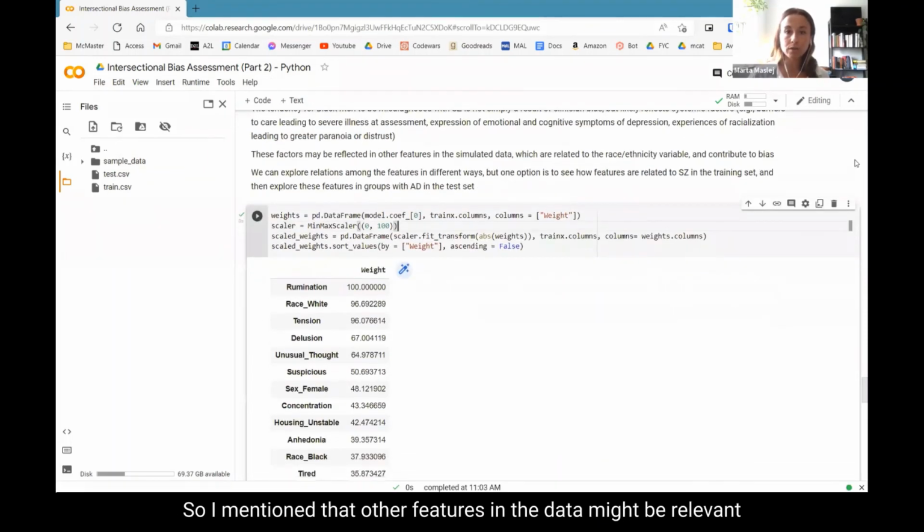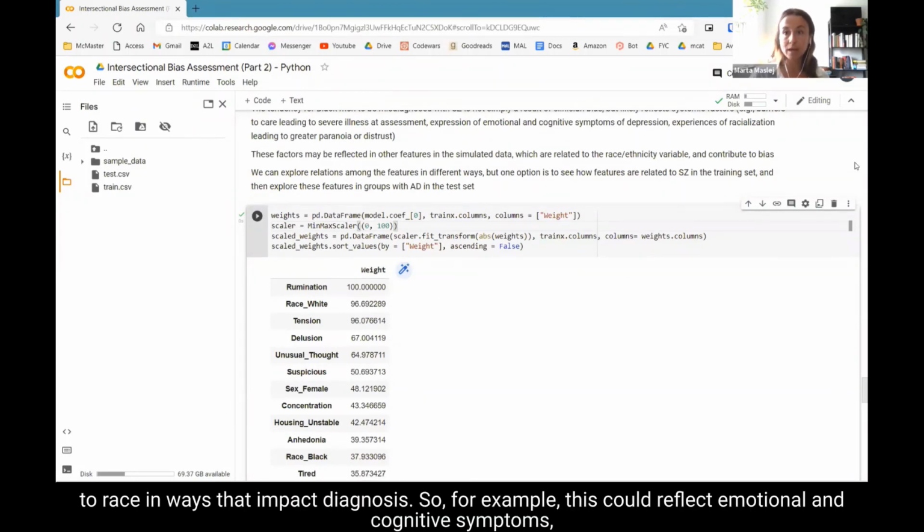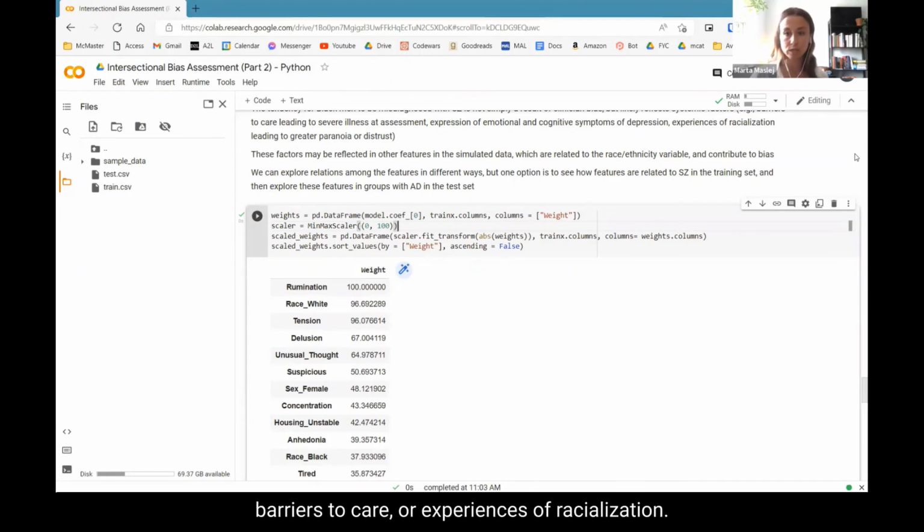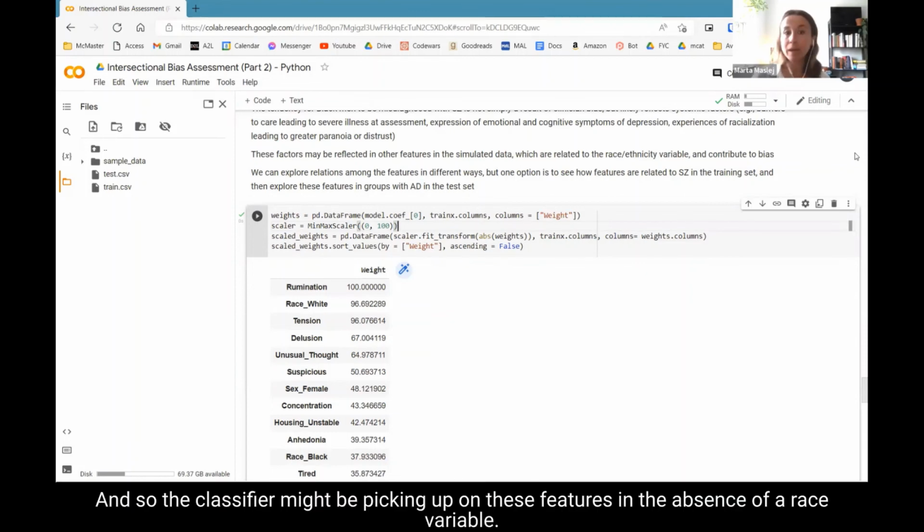So I mentioned that other features in the data might be relevant to race in ways that impact diagnosis. For example, this could reflect emotional and cognitive symptoms, barriers to care, or experiences of racialization. And so the classifier might be picking up on these features in the absence of a race variable.